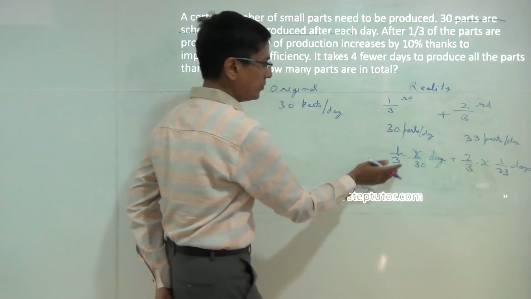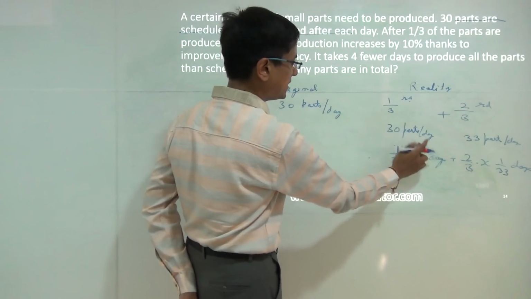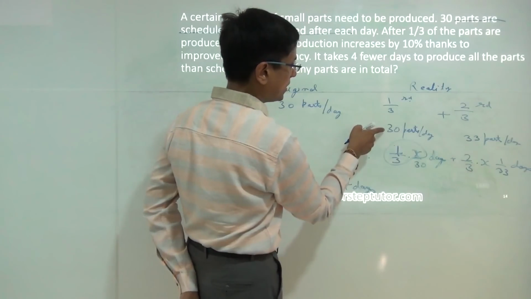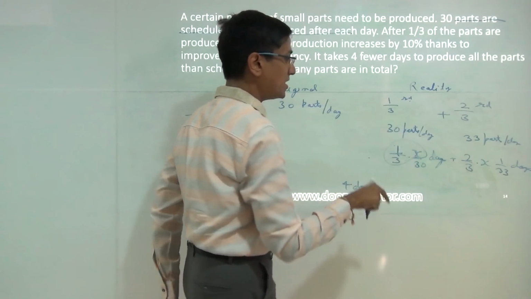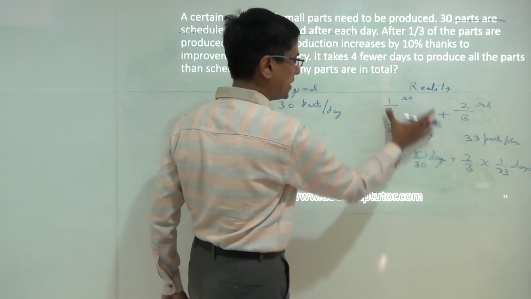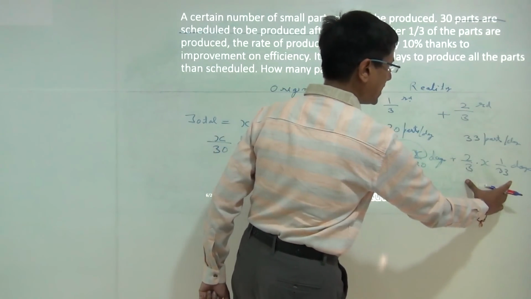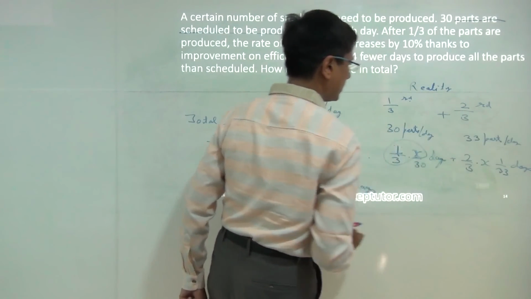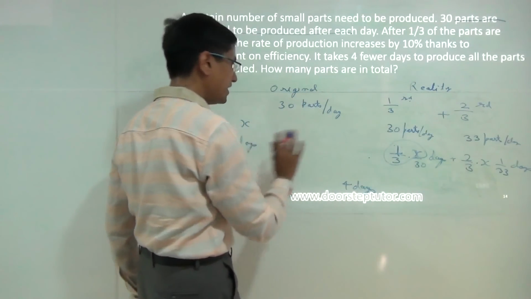So this is the speed. 1/3 X is the number of parts which were completed at the rate of 30 parts per day. So it took me these many days to complete 1/3 parts, and then similarly it took me these many days to complete 2/3 parts in reality.